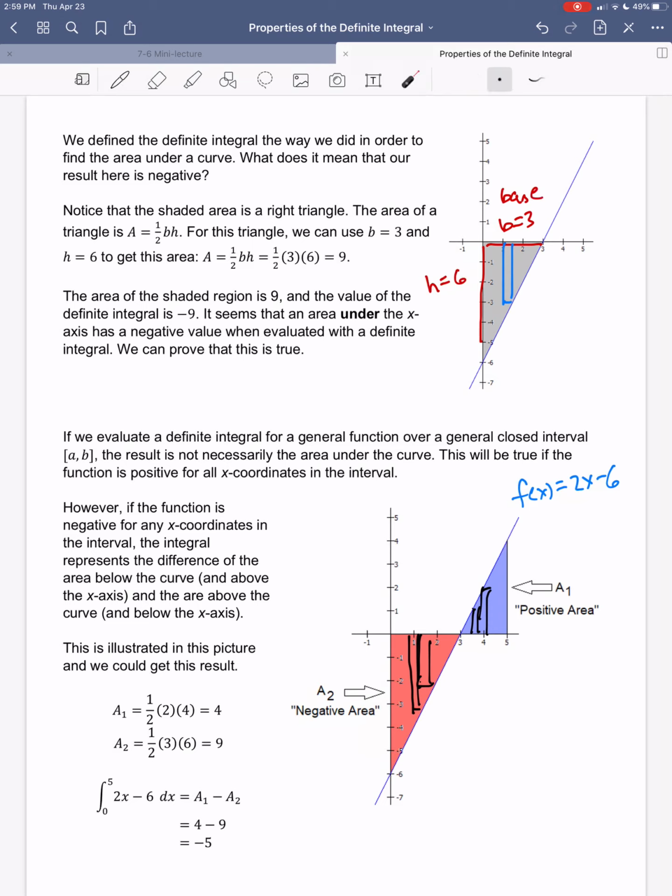So I can say that this blue area, A1, that's a positive area, whereas A2 here would be a negative area. And if I calculate these areas, again, it's just 1/2 base times height.